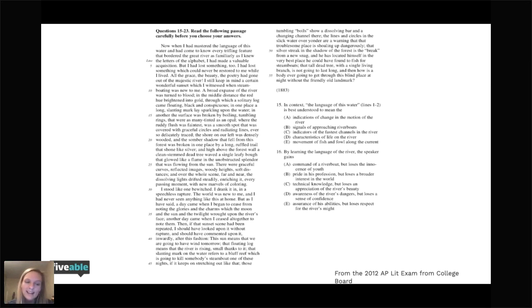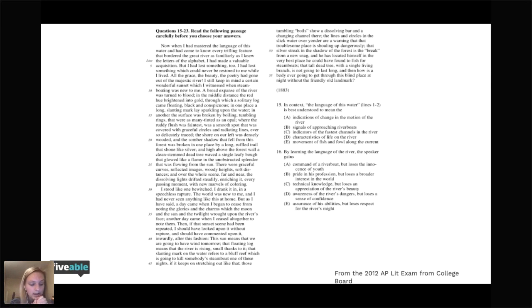And I guess a trifling feature, but features can be parts of human things, or living things, or non-living things, like a feature of a water bottle, or a stuffed animal, or in this case, a river. E, movement of fish and fowl along the current, doesn't talk about currents, doesn't talk about fish, doesn't talk about fowl. So that's not the right answer.